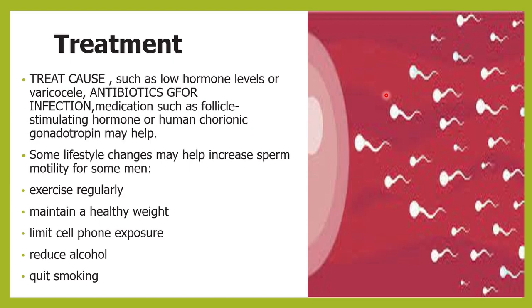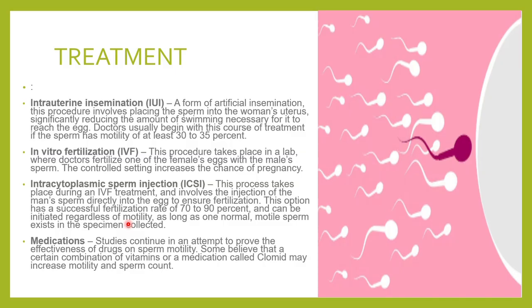The cause has to be treated to improve the motility or quality of the sperm. Certain lifestyle changes also make a difference, like exercising regularly, maintaining ideal body weight, reducing alcohol, reducing smoking, and reducing substance abuse like drugs, which can also improve sperm motility.